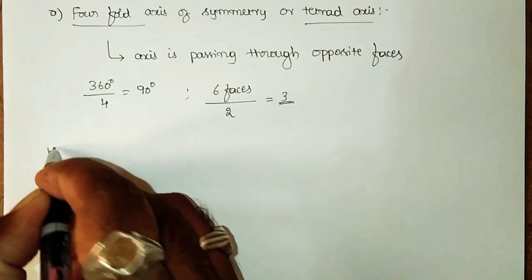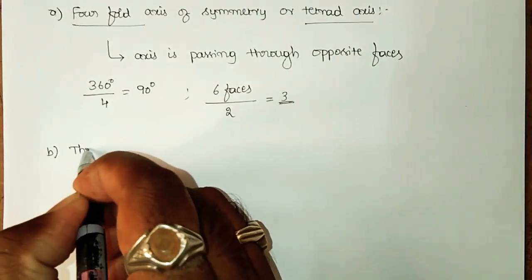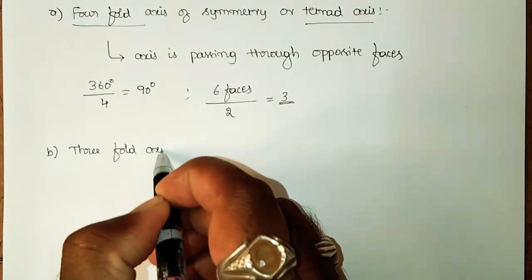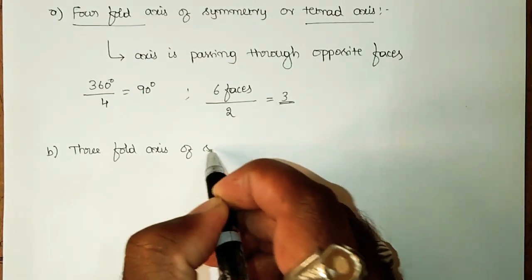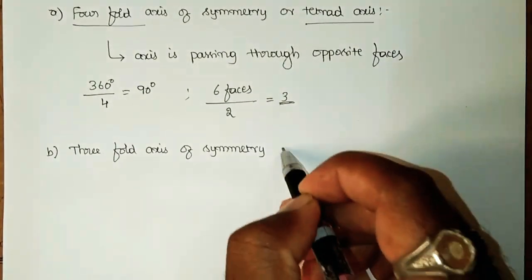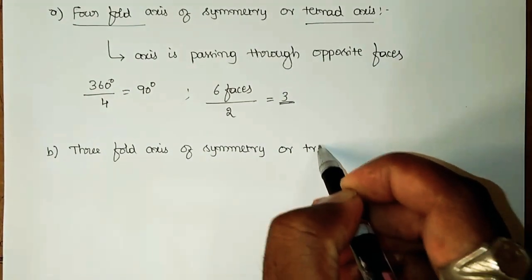And number 2 is the threefold axis of symmetry. This threefold axis of symmetry is also called the triad axis.